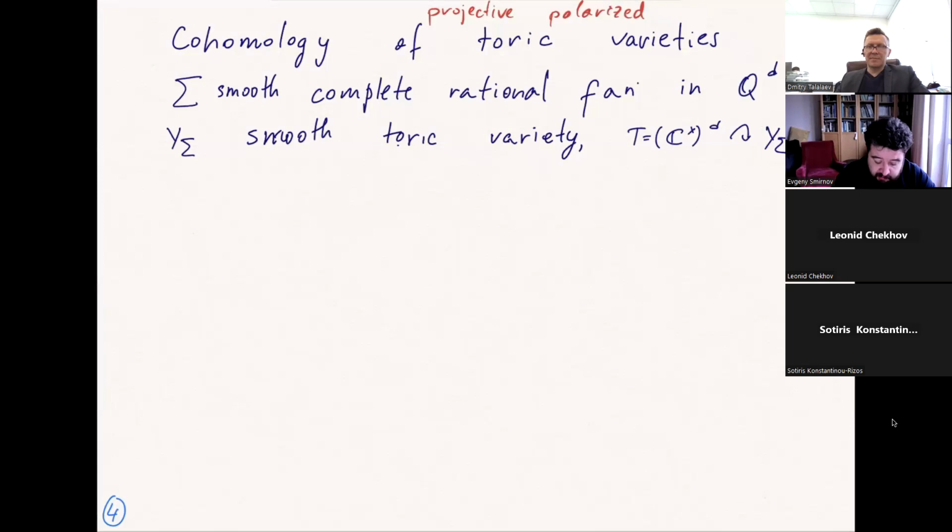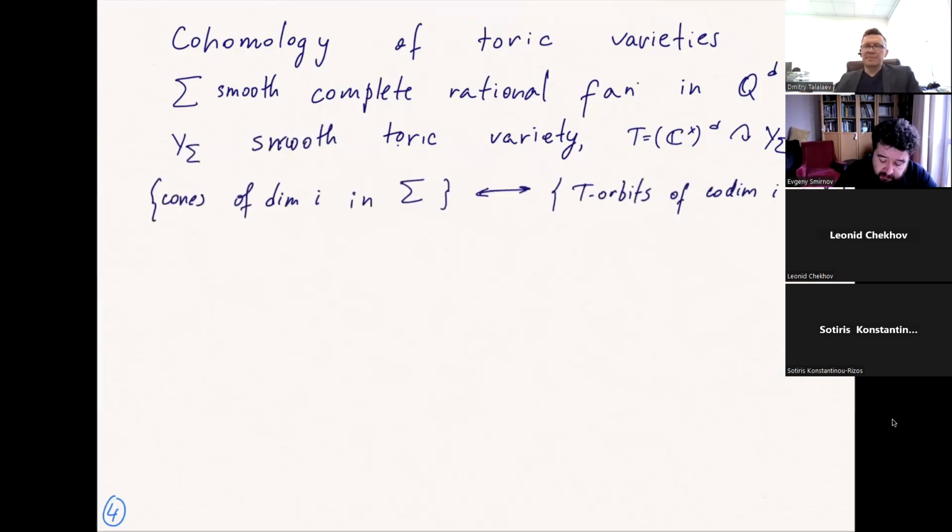So I'm defining them so far as torus embeddings, basically. You can think of this action as an embedding. You have a variety in a projective space, you have an action of T on your variety, with an open orbit.